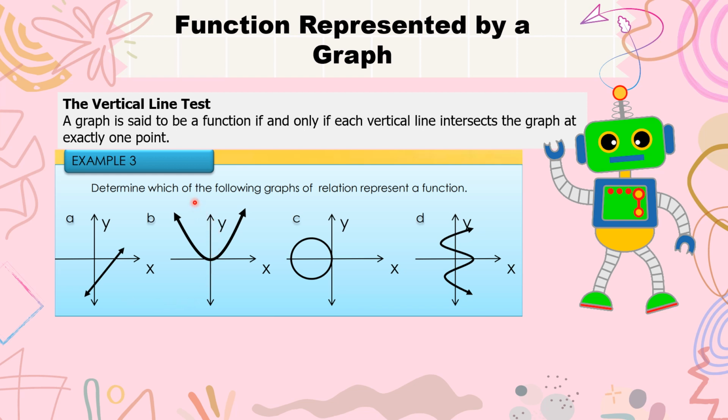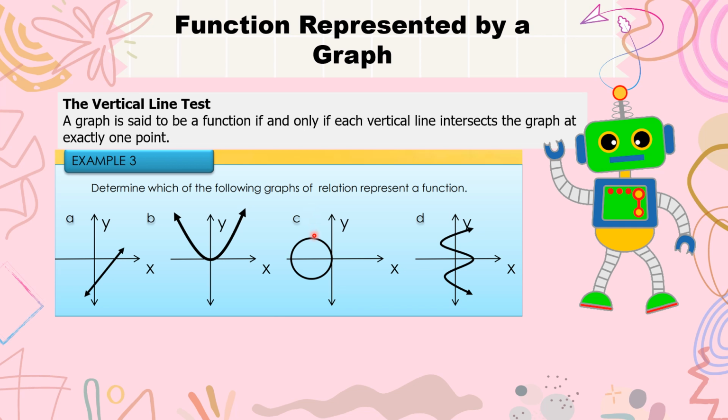For letter B, let's say we will draw a vertical line here. Isa lang din yung kanyang masasagi dito. Let's say ito lang. Kapag dito naman tayo sa kabila mag-drawing ng vertical line, again, isang point lang yung kanyang masasagi. So letter B is a function. For letter C, if we are going to draw a vertical line here, dalawang point yung kanyang masasagi.